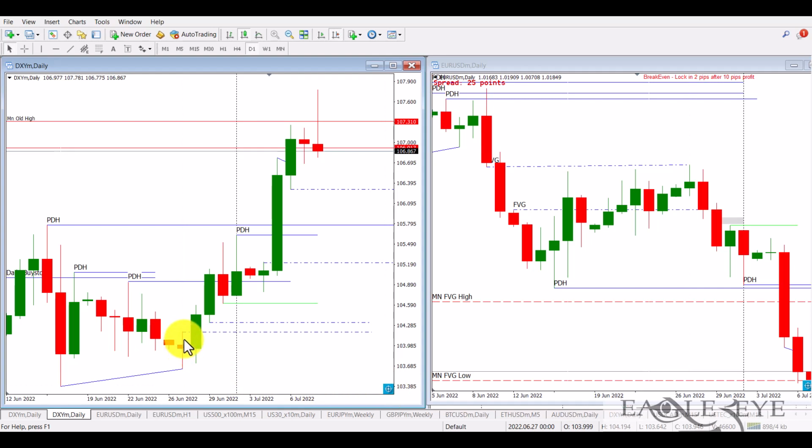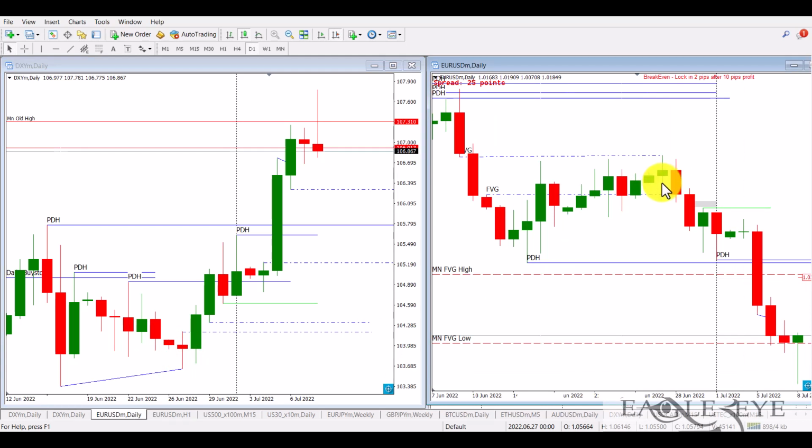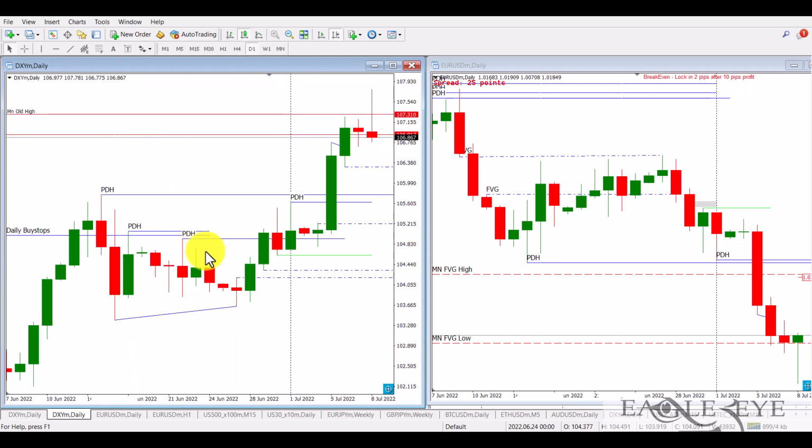On the right hand side is the USD, and on the left is the dollar index. On the right hand side, this particular candle was making a higher high over this particular high, while the dollar index was failing to make corresponding lower lows.